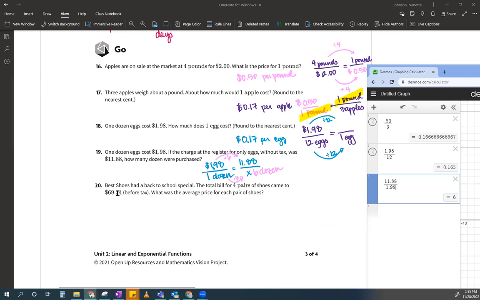So we're just going to divide $69.24 by 4, which gives us $17.31. Now, average means that maybe a pair costs this much, but some cost less, some cost a little bit more.